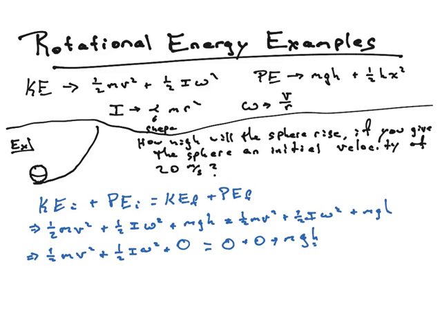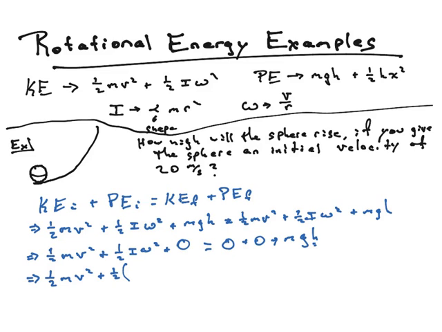Can I solve for h? No, there's too many unknowns. I don't know what m is, I don't know what I is, I don't know what omega is. So I have to use my little trick. The trick says, everywhere you see an I, replace it with whatever the equation says to replace it with. So here I have an I. What type of shape is this?